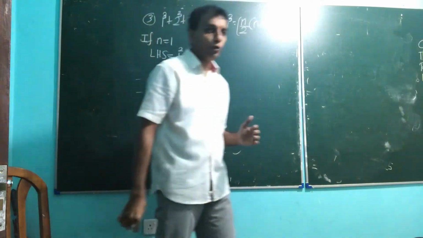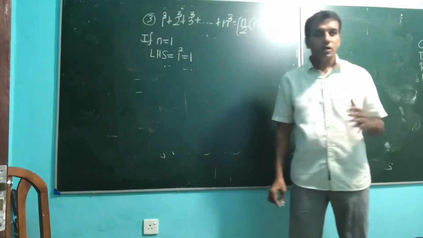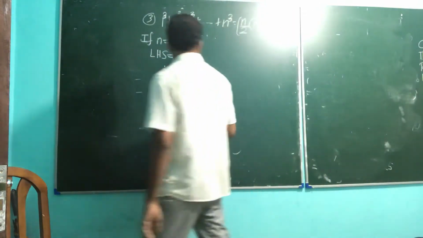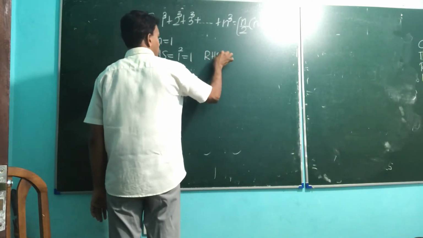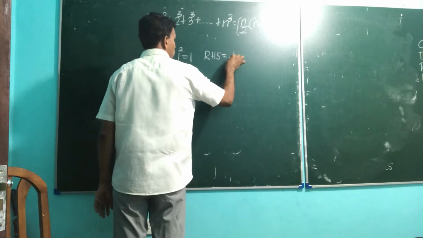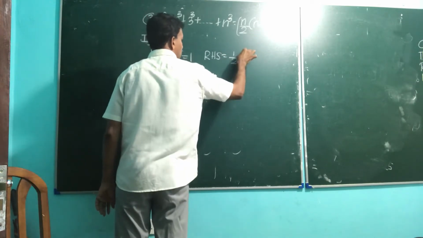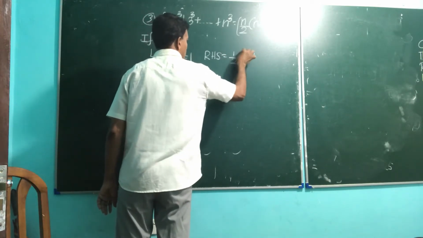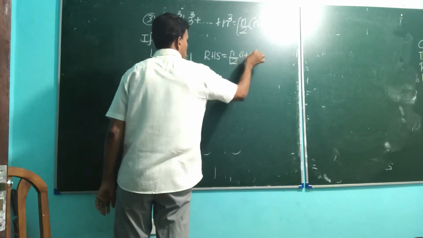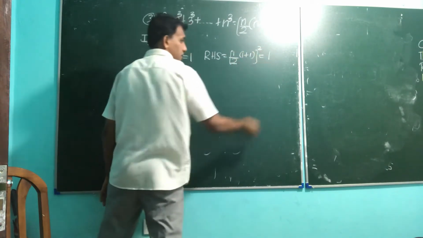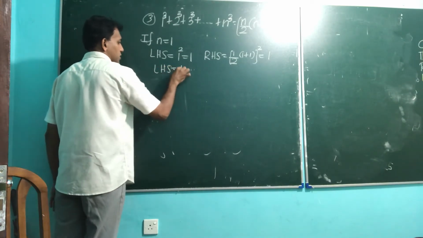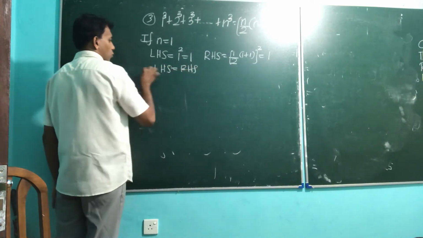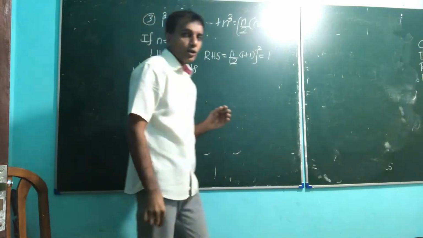Only one value, that's 1. n equal 1, right hand side, put n equal 1, 1 over 2, 1 plus 1, and completely square. So no doubt that also 1, right? Therefore LHS equal to RHS.